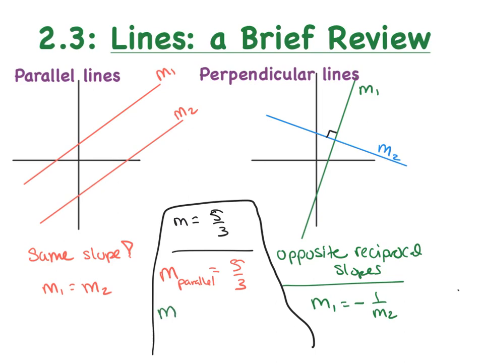But a line that is perpendicular would have a slope that is negative, the opposite reciprocal, 3/5. Let's practice this when we're finding equations of lines. Remember, parallel lines will have the same slope and perpendicular lines will have opposite reciprocal slopes. So you change their sign and then you flip their fraction.